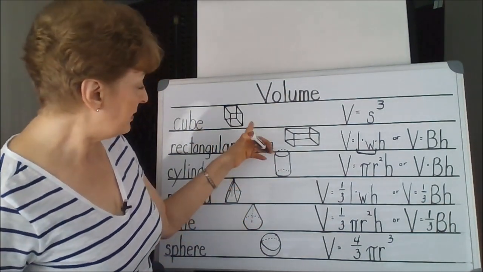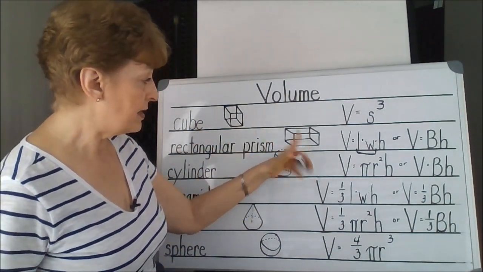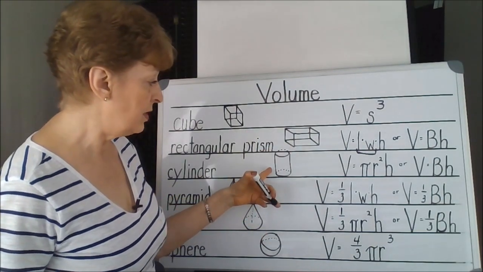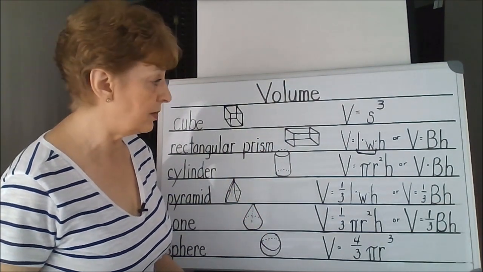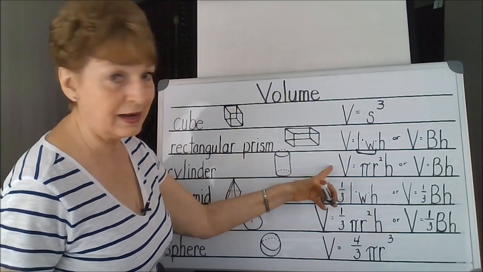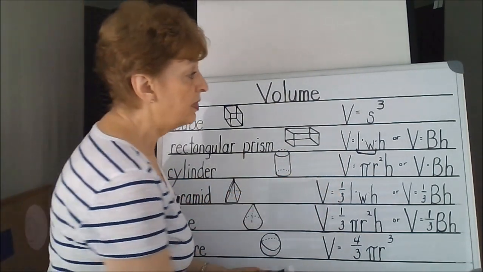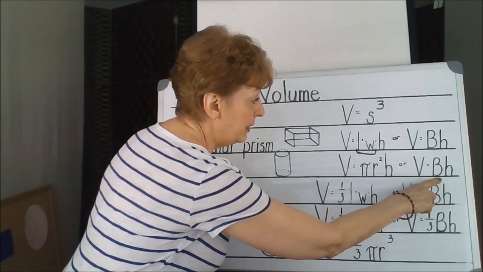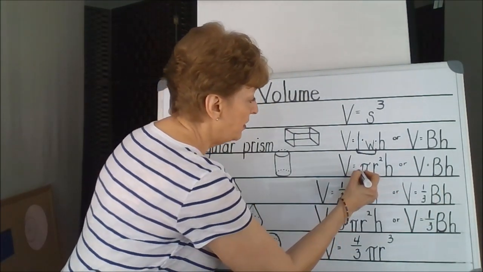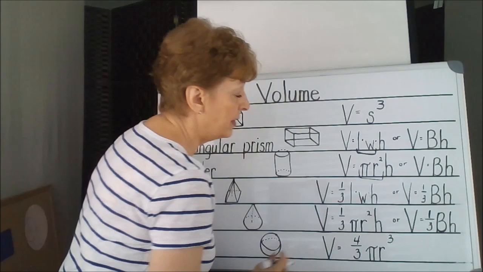So no wasted space in the cube, no wasted space in the rectangular prism, no wasted space in the cylinder. There's no fraction in any of those formulas. The base, the big capital B on this one, stands for this much of our formula.